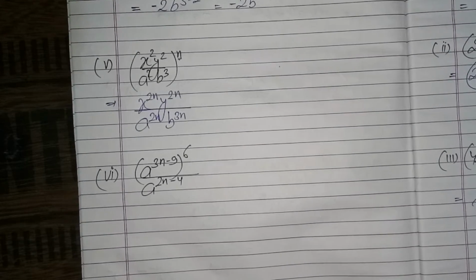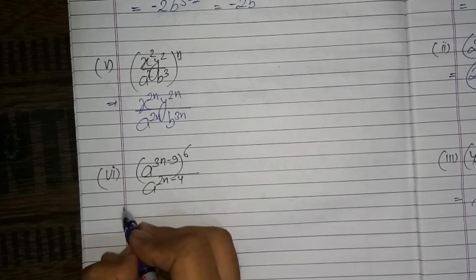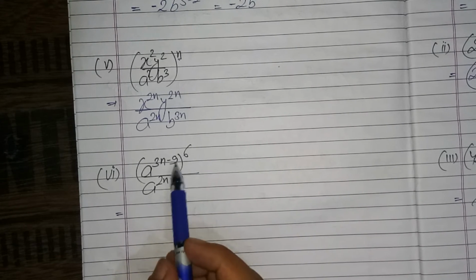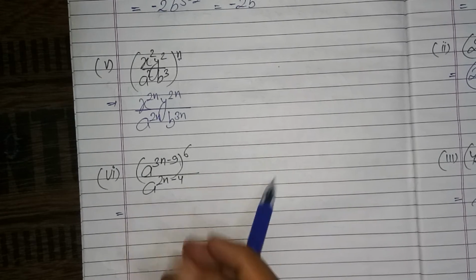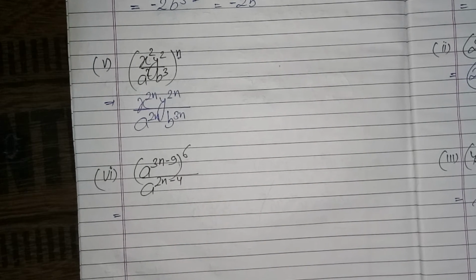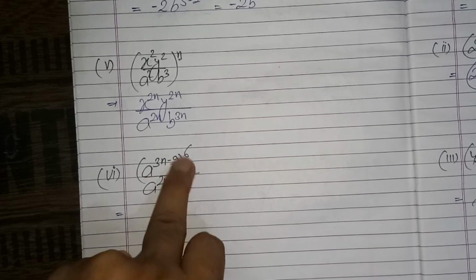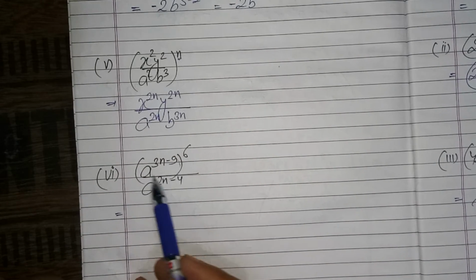Now the last one, the sixth one. Here again, just see over here that this whole power 6 is only for the term in the numerator. It is not for the denominator. As you can see, it is not the whole raised to power 6, the bracket is only over the numerator part.